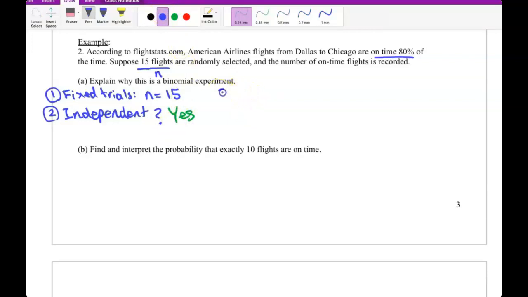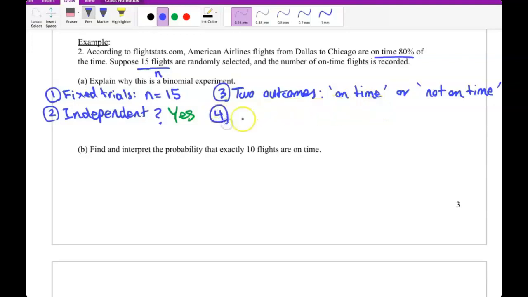Then step 3, writing all the outcomes. Our outcomes are if we have on-time flights or not. So on time, or not on time.